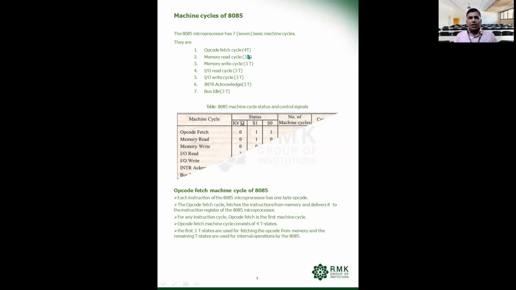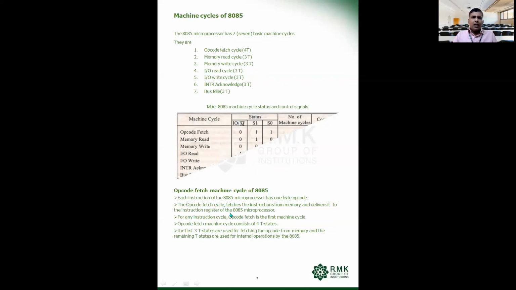All the instructions to the microprocessor will have an opcode fetch cycle, because you want to fetch the opcode or command from the memory in order to understand what we want to do. Memory read, memory write, IO read or IO write cycles depend upon the type of instruction being passed. We will see them one by one.